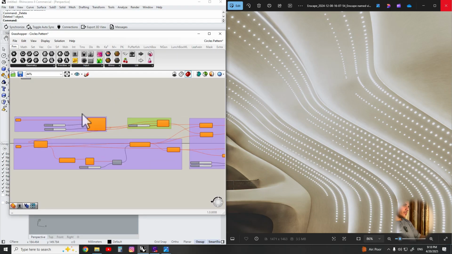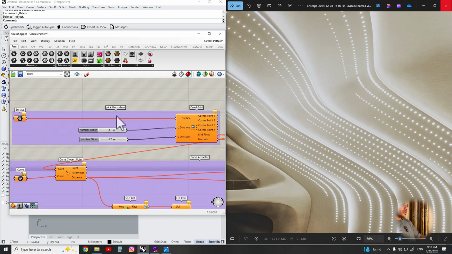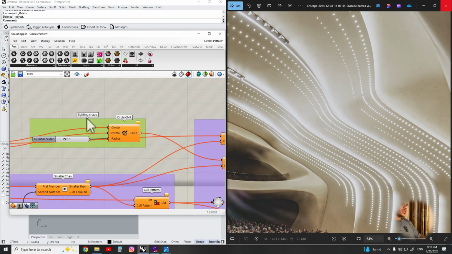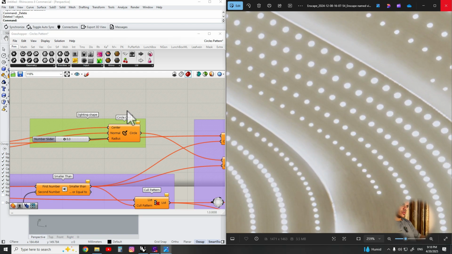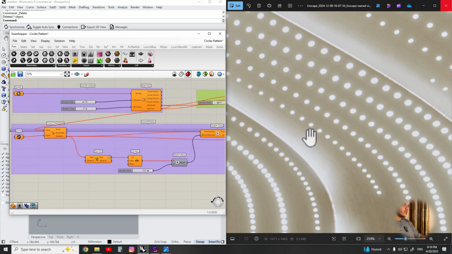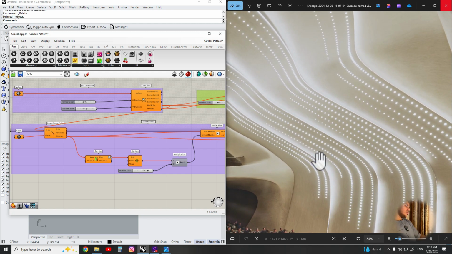Simply, our script will be divided into four parts. The first part is to pick the surface which we will apply it on. The second part is the shape, the lighting shape. In this case, we have circles. The third part is the curve attractor, which is where the shapes and the circles will start and fade in and out from.